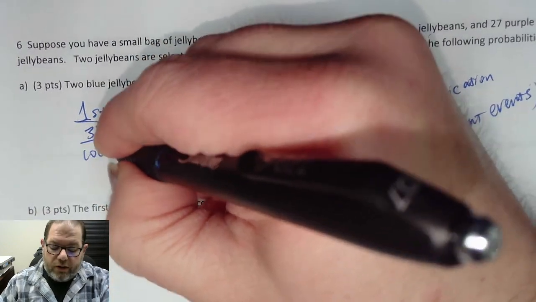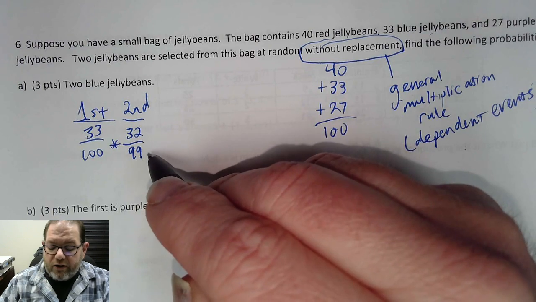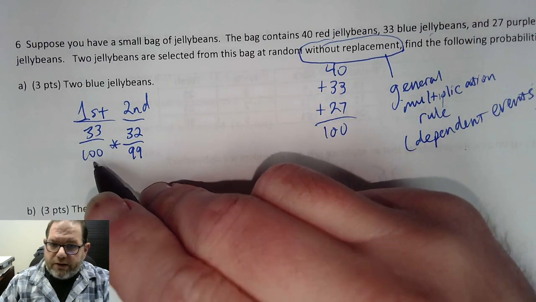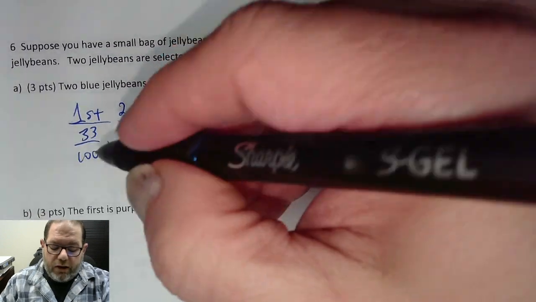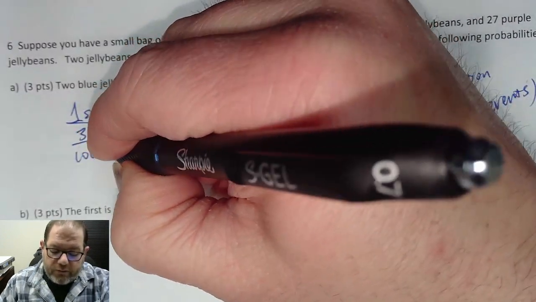And so that's why we say these are dependent, because the probability changes after our selection of the first jelly bean. Now when we multiply these fractions, we multiply straight across.